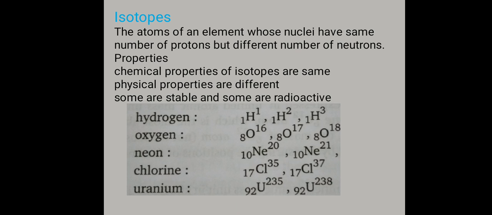For example, carbon 12 atom is stable, whereas carbon 14 is radioactive. In the same way, we can find many other examples.